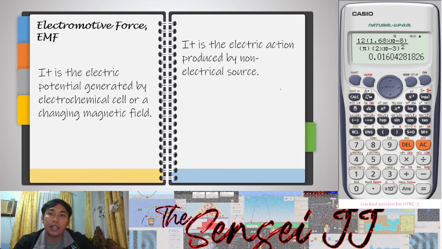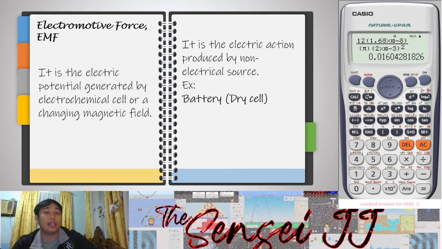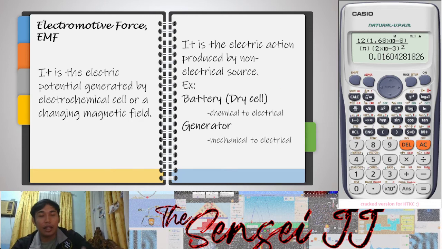It is the electric action produced by a non-electrical source. Examples are the battery and dry cell, which convert chemical energy to electrical energy, and the generator, which converts mechanical energy to electrical energy.